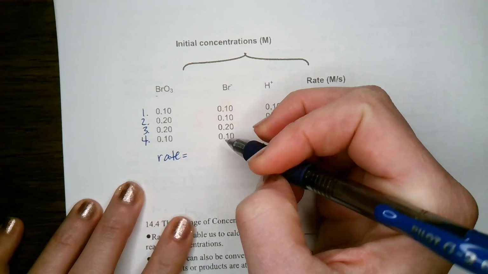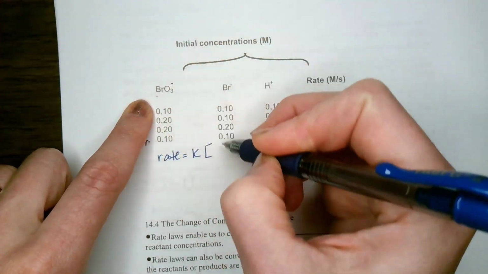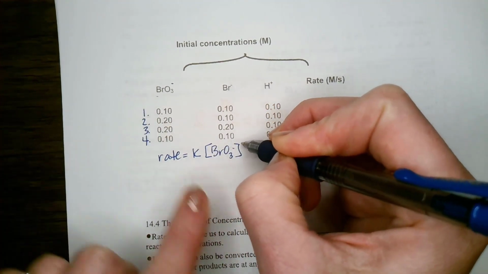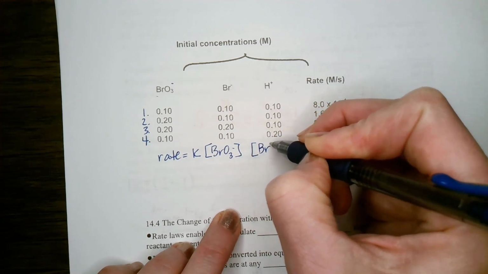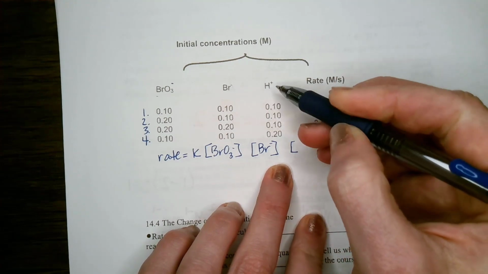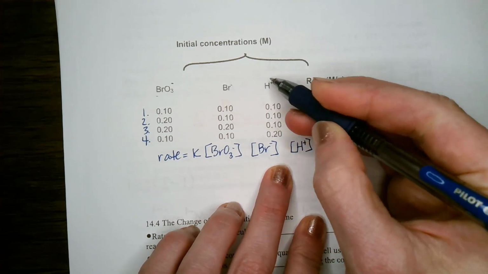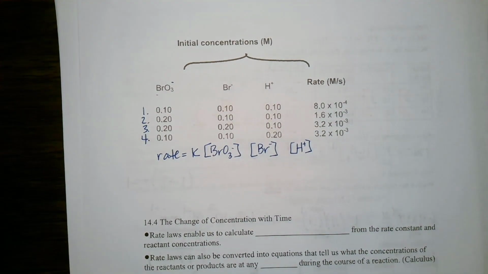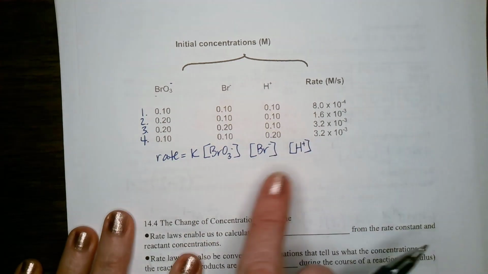And on the page before, we were told our rate is equal to our constant times the concentration of BrO3 minus to an order yet to be determined times Br minus to an order yet to be determined. And this time we have all 3 reactants, hydrogen H plus, to be determined.